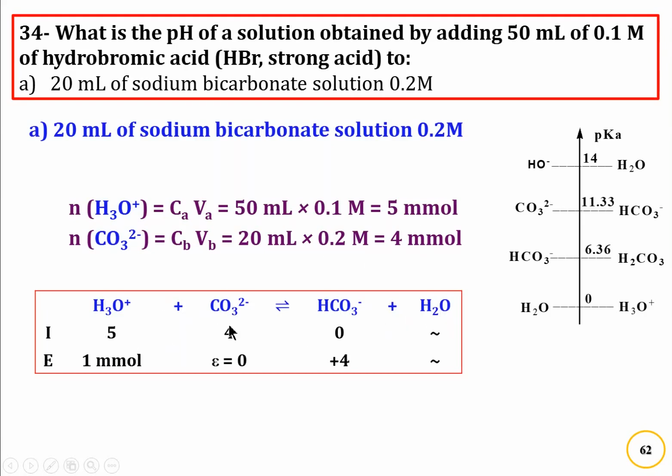Initially we have 5 millimoles, 4 millimoles, 0, and the reaction proceeds till t equals infinity since it's complete. So practically we have traces of CO3 2-, epsilon is near 0, and we have 1 millimole of H3O+ remaining, and a formation of 4 millimoles of HCO3 minus.